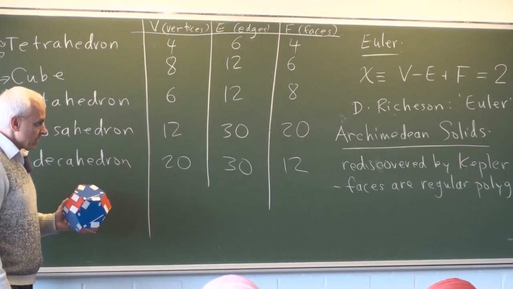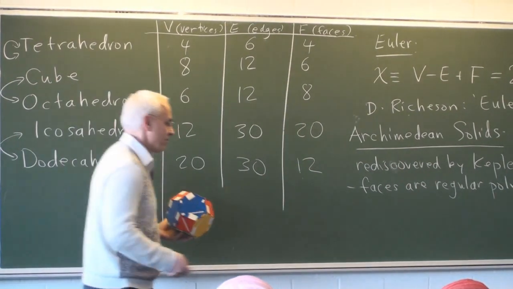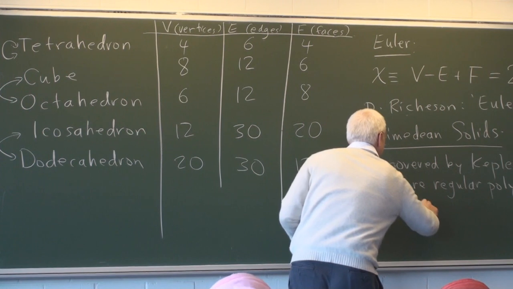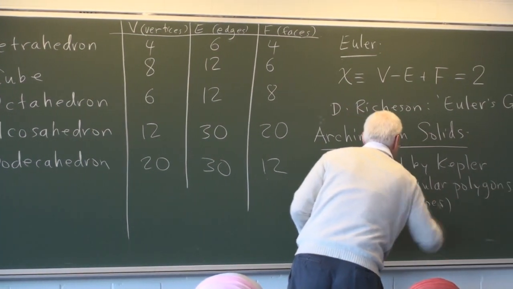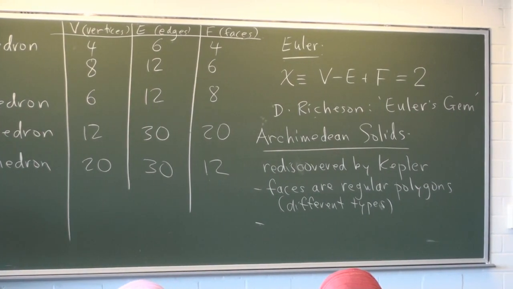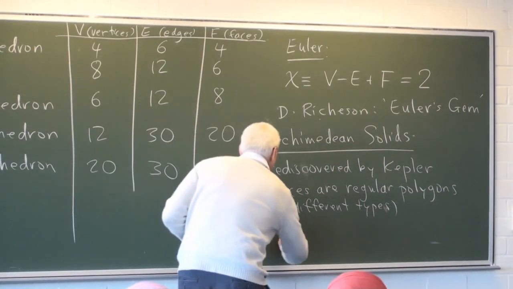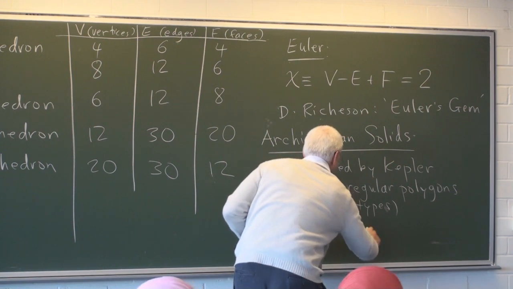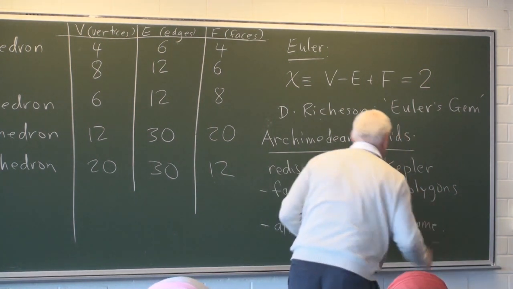And so the faces are not all the same, but they can be of different types. But the regularity is in the sense that all the vertices look the same.